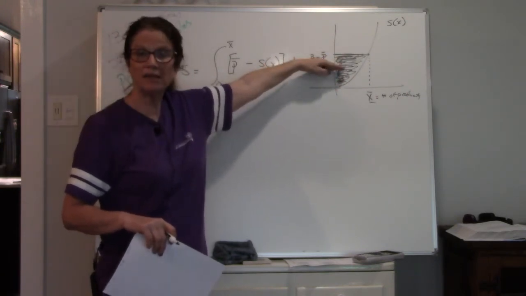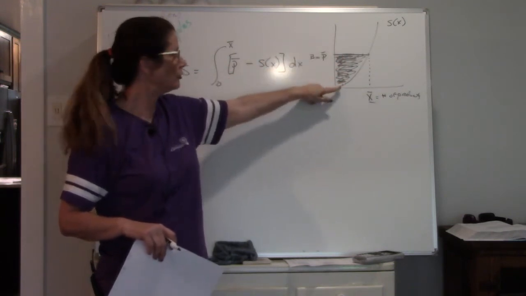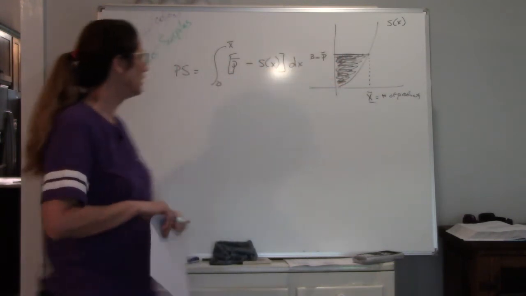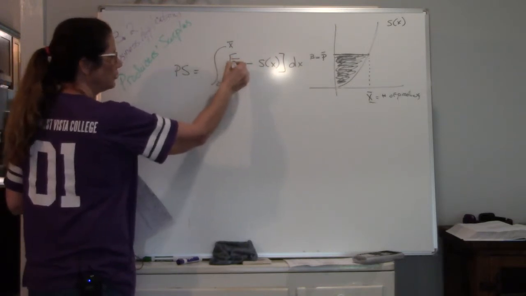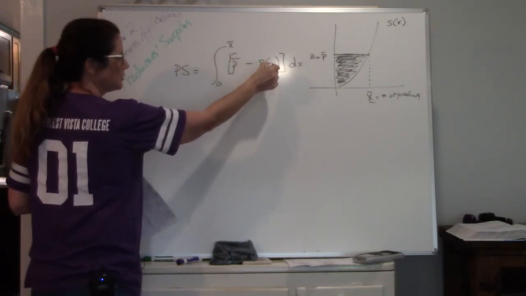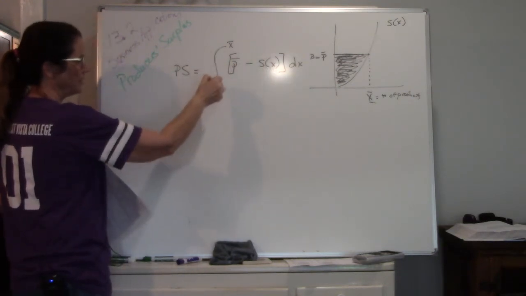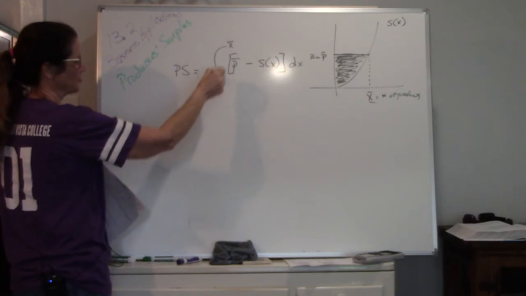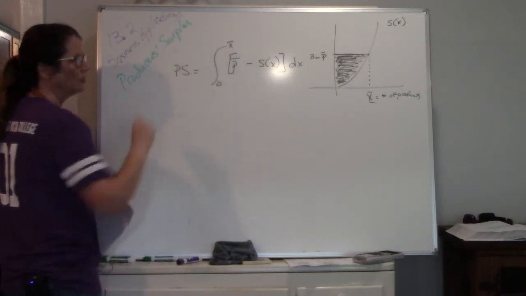They're making money. So this would be considered profit. It's how much they're making over what they're willing to sell. Here's the formula. It is the upper value, the market price, minus the supply equation, and we're going to find the integral between 0 and our number of products.